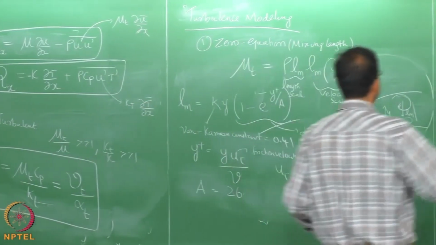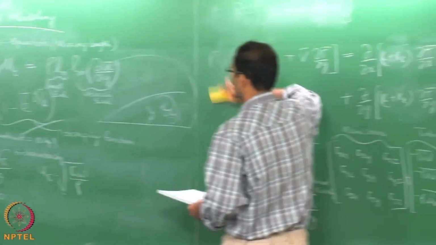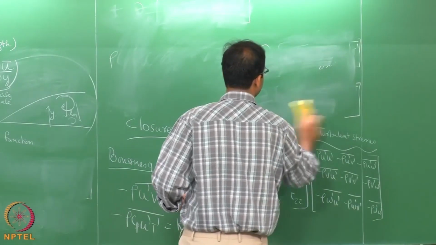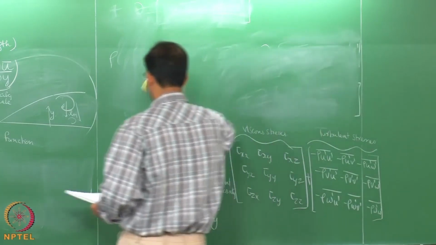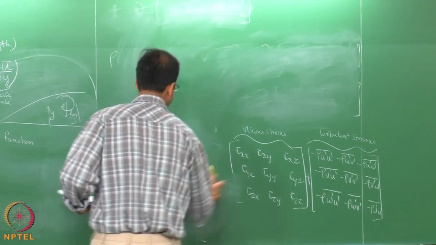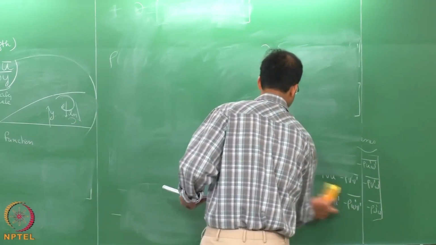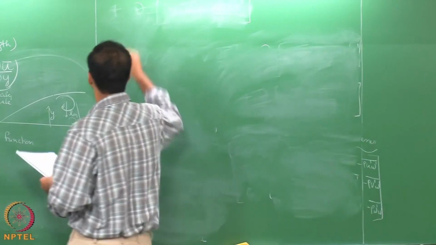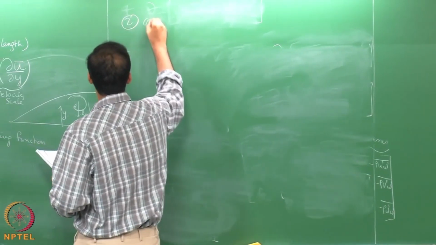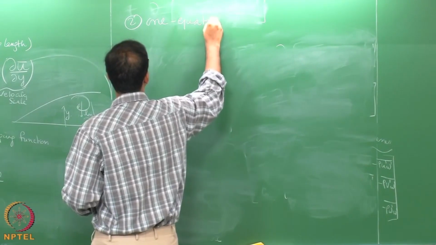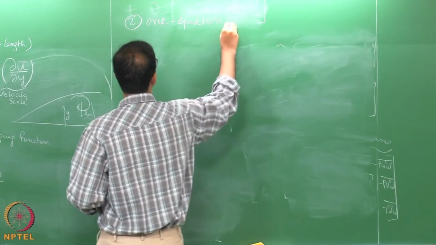In that case you have to go for more advanced models which involve solving additional equations. These are your classical turbulence modeling equations. We will just quickly list them. You have what is called a one equation model, which is slightly more complex than the mixing length model.